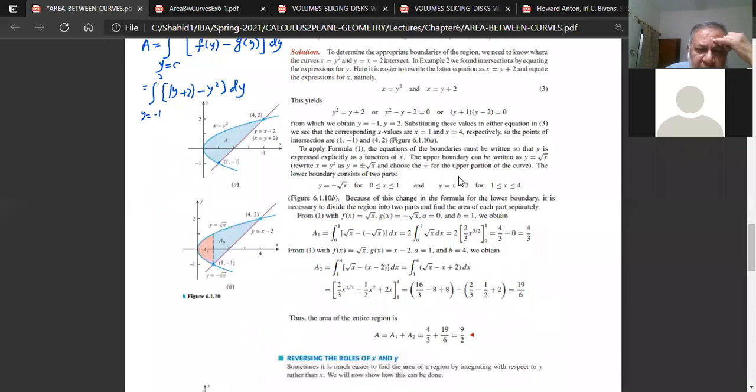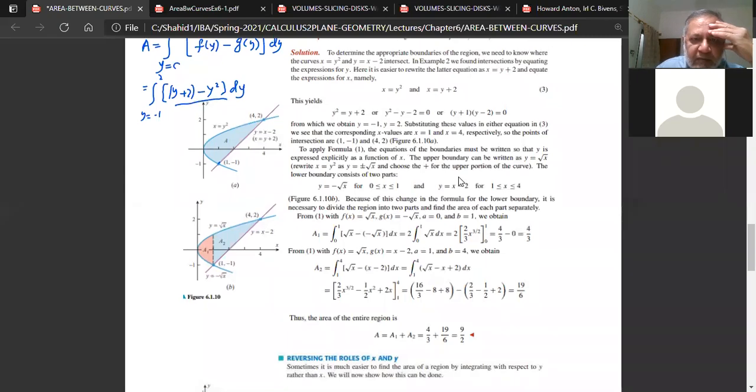Yes, of course, there is an alternate approach which is described here, but I suggest that instead of doing this problem with integration over x, it is better to do it this way. Let us see what results we will get.